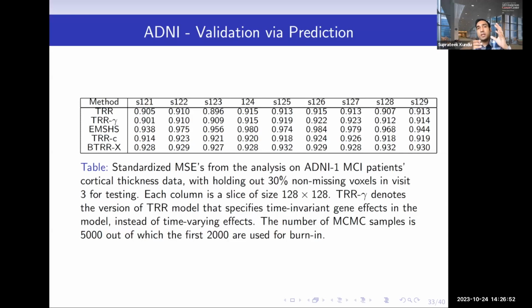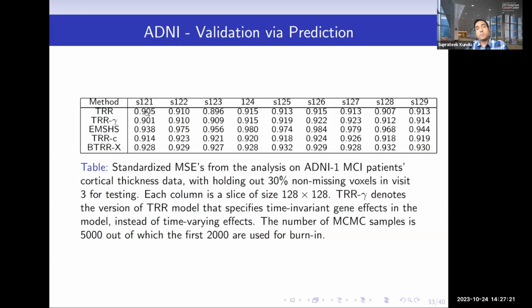We tried to predict those partial images of the brain based on the genetic effects. And what we found was that the proposed model, this really should be BTRR, had good or better predictive performance compared to the version that just has time invariant covariate effects.